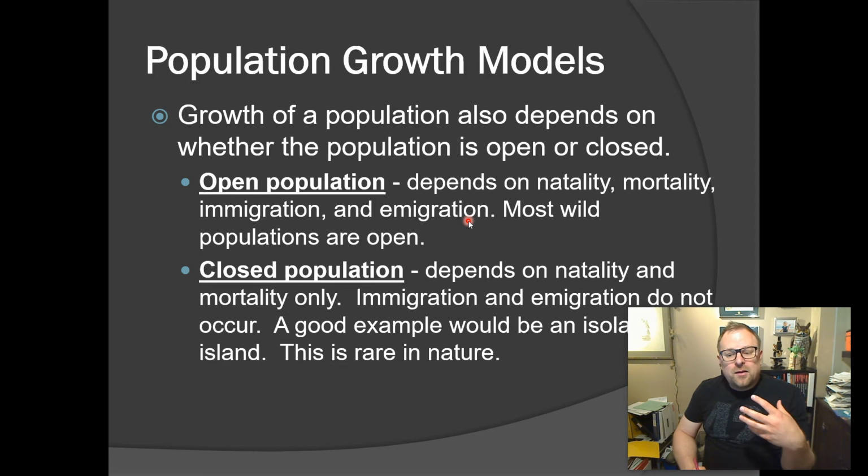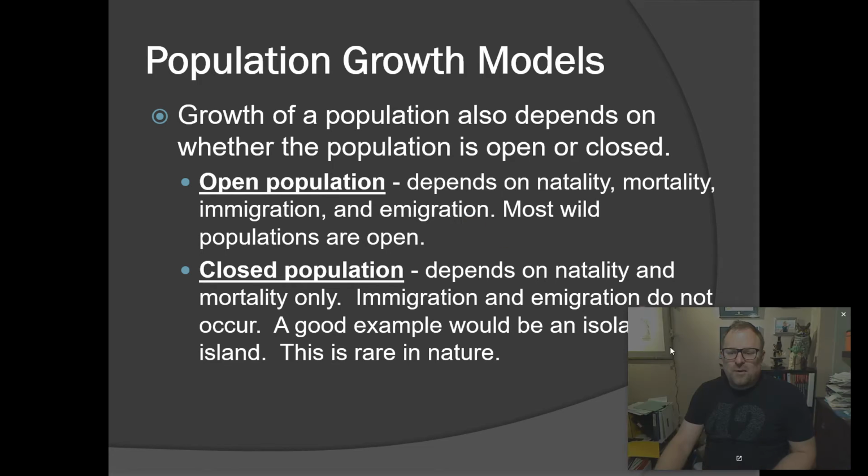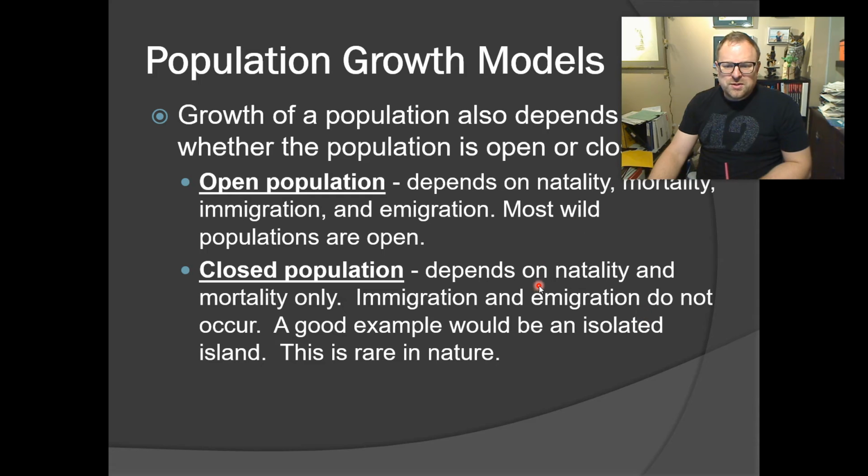However, human immigration and emigration is occurring because we are taking individuals of that bison population and moving them somewhere else. So there is emigration taking place. I'm not sure if there's immigration taking place. I haven't studied it quite that much. So really all that's affecting that population, then we would consider it to kind of be closed at that point.